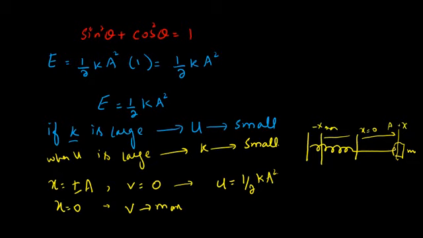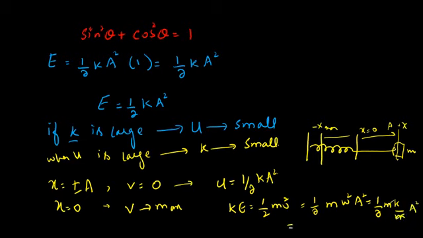The kinetic energy will be 1/2 m v squared, which is 1/2 m omega squared A squared. Putting in the value of omega squared as k over m, this gives 1/2 m into k over m into A squared, which is again 1/2 k A squared.